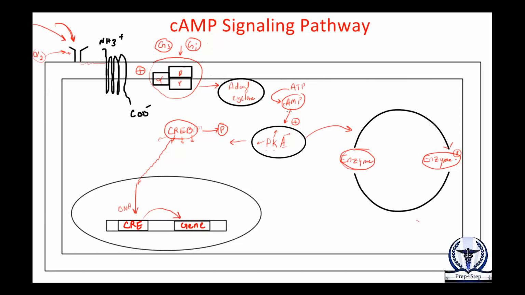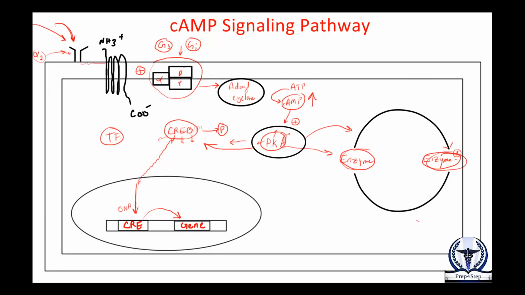So one last time, cAMP is increased, stimulates PKA. PKA is going to phosphorylate some enzymes, right? And that's what you get right here, phosphorylated enzymes. The next thing it's going to do is phosphorylate a particular transcription factor. This CREB is a transcription factor. CREB is cAMP response element binding protein. It phosphorylates it.